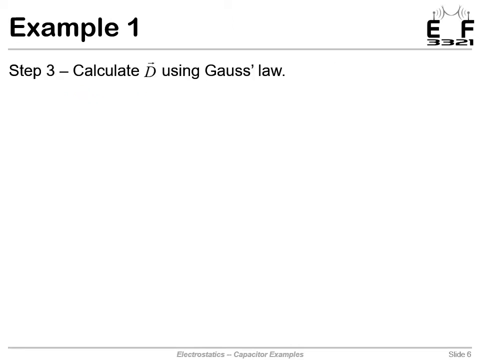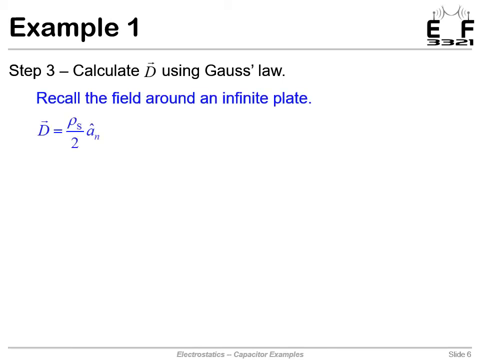Now we want to calculate the electric flux using Gauss's law. Now our job becomes a lot simpler if we can borrow from previous lectures when we talked about fields around charge distributions. So remember what the field looks like around an infinite plate. It didn't decay with distance, and it was perpendicular to the surface charge, and the magnitude was the surface charge density over 2.